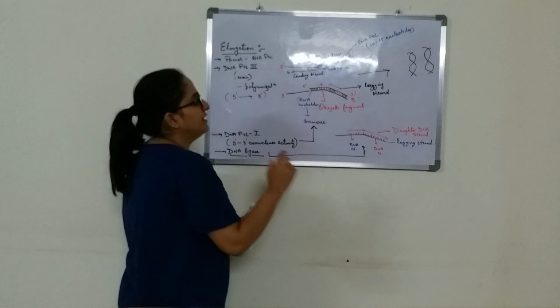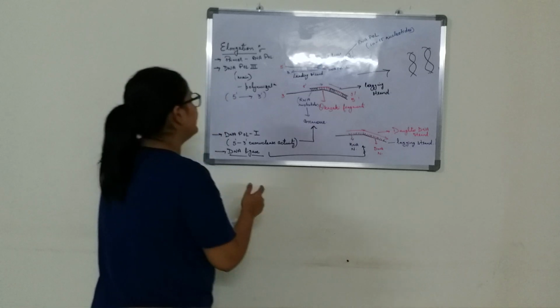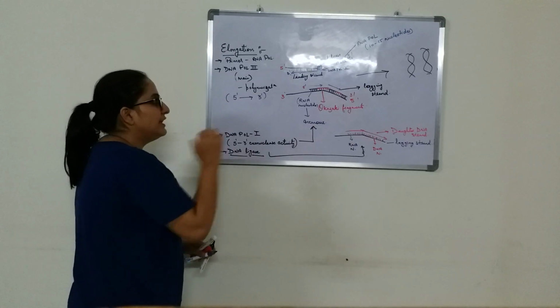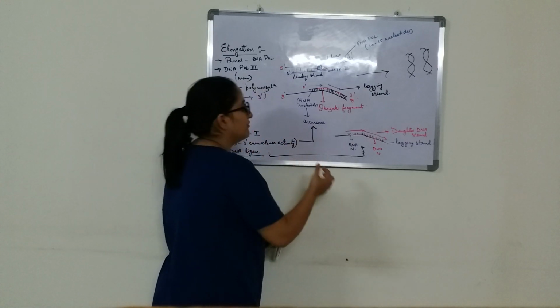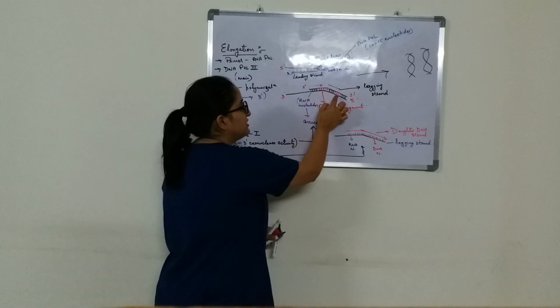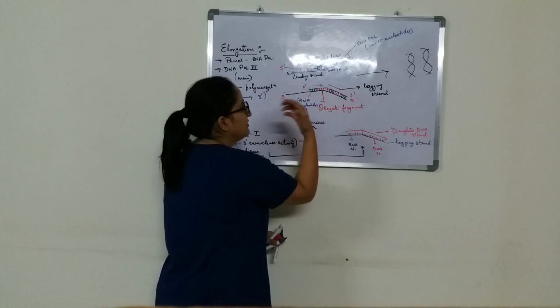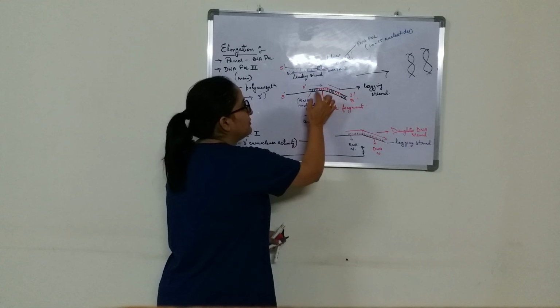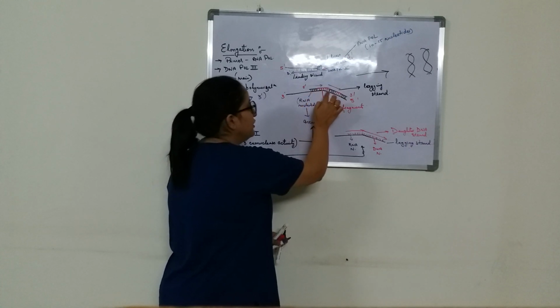The lagging strand and leading strand are formed. In the lagging strand, RNA nucleotides are added in fragments, and in the space left, DNA polymerase 3 adds the DNA nucleotides.